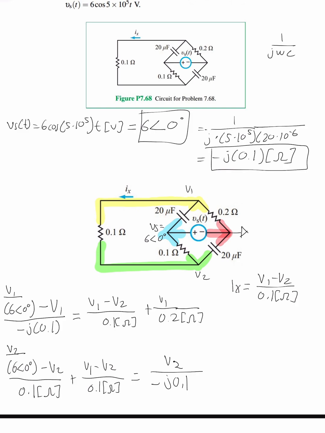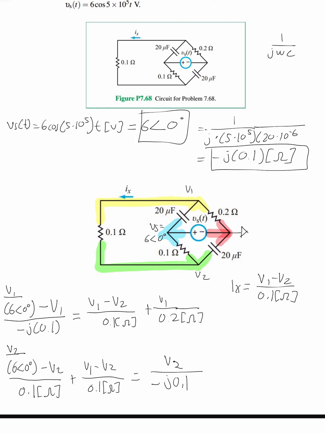But in the calculator, you're going to find the pi symbol on your keyboard of the Inspire, and it's going to show a little i symbol, which is what your j is. So it's going to be negative i times 0.1. And then equals x minus y over 0.1 plus x over 2. And you go to the next equation.